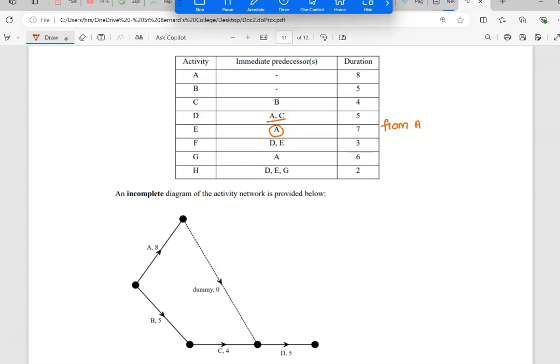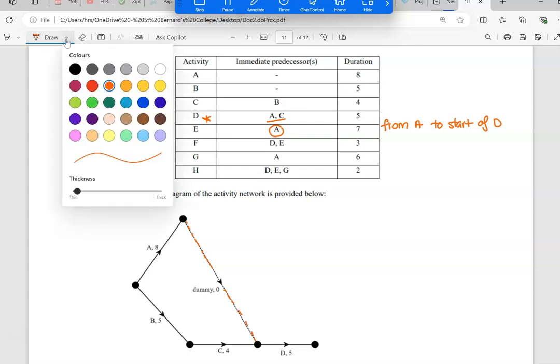So from the end of A, it'll go to the start of the activity that has the combo, so to the start of D. If you look down there, they've already started the diagram for us, and you can see it's come from the end of A to the start of D.